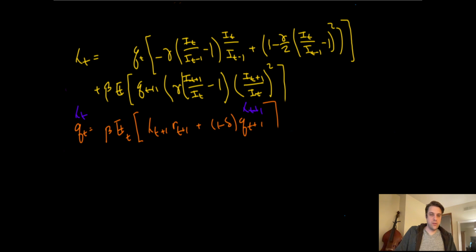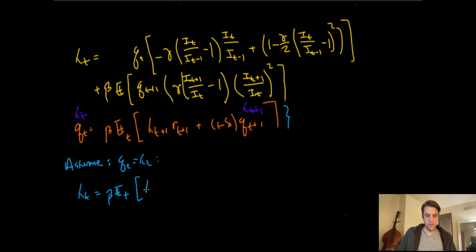Okay, so let's right now assume that we're back in the base case. So just assume, playfully assume, this isn't true in our model here. But to make sure we didn't make a mistake, let's just assume that qt equals lambda t. And then let's try to recover the Euler equation from this. So we would end up with lambda t is equal to beta expectation at time t of lambda t plus 1 times rt plus 1 plus 1 minus delta lambda t plus 1.